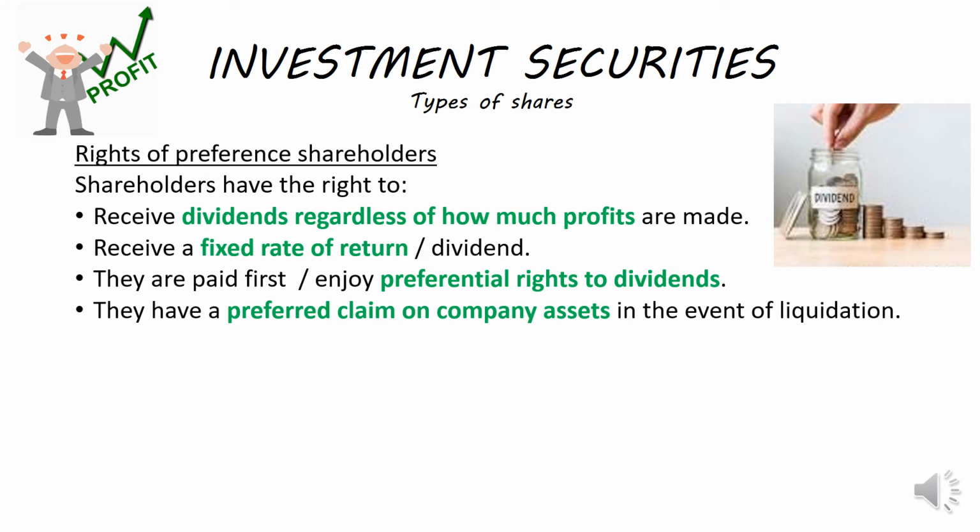Okay, I have already explained also that they do have a preferred claim on company assets in the event of liquidation. Okay, I said that in the case of liquidation, when the company closes down because they went bankrupt and all of their assets are sold, your creditors will be paid first, and then if there is any money left over, your preferential shareholders might receive some of their invested capital back, the money that they've paid for the shares when they bought them.